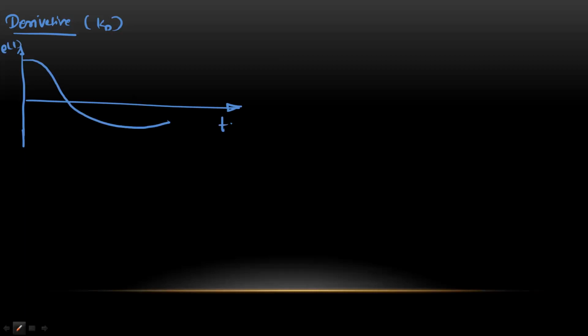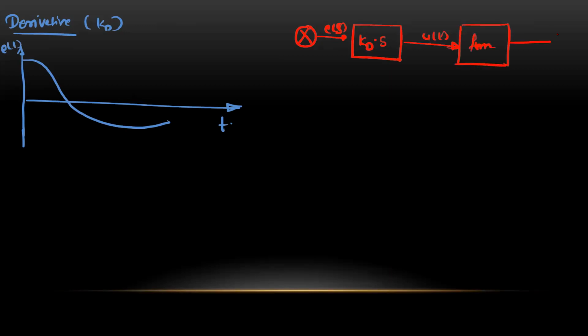So the derivative action will be: if this is the error signal and we have the controller, this is E of s in the s domain, this is Kd into s, so it will generate the controlled output which is given to the furnace, and then we will get the output temperature, and this is the feedback, that is a sensor.